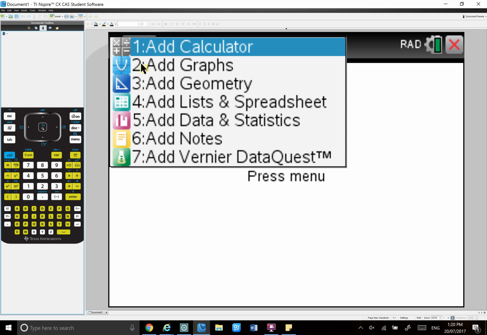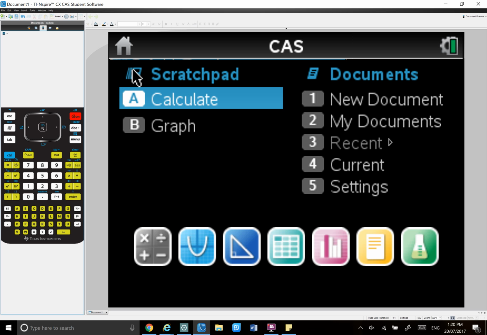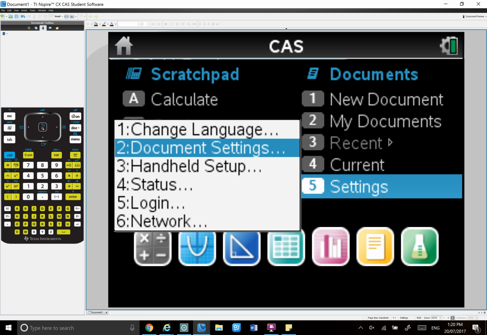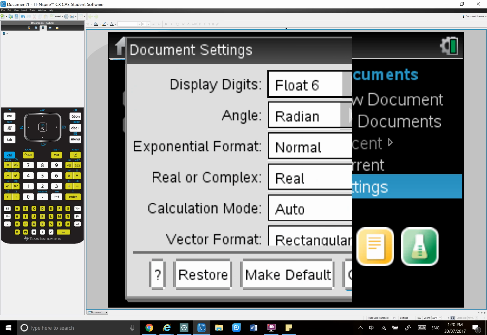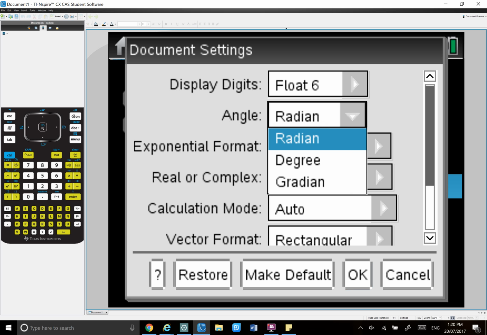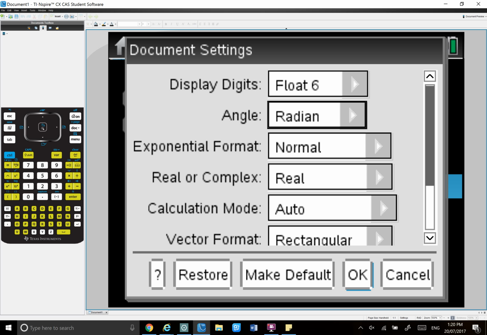First, on the front page of your calculator, there's a settings button here. Number 2, document settings. In this document settings, you have the second line, angles. Mine is kept in radian all the time, because in year 11 and year 12 we use a lot of radian form, not degrees. I'll explain what radian and degree are later if you don't understand.